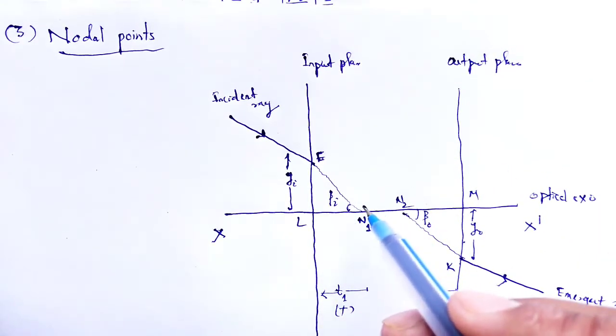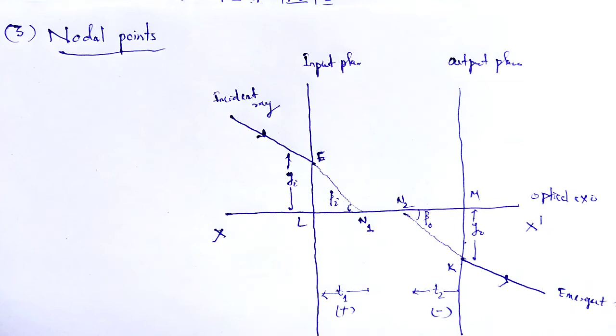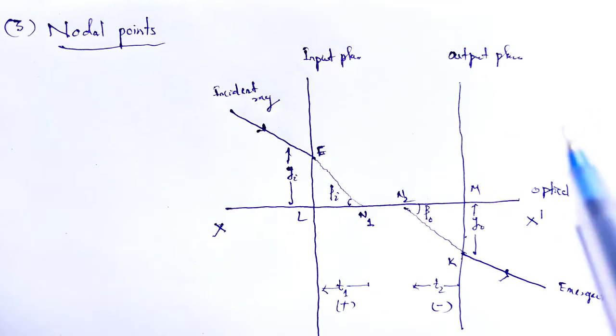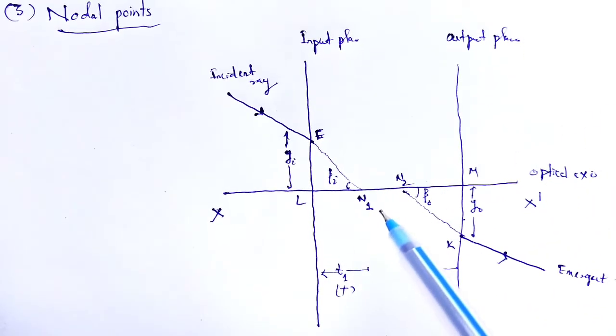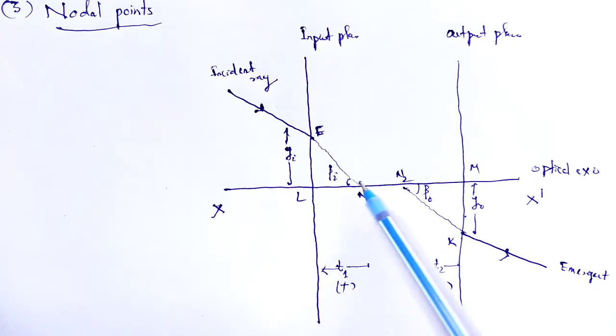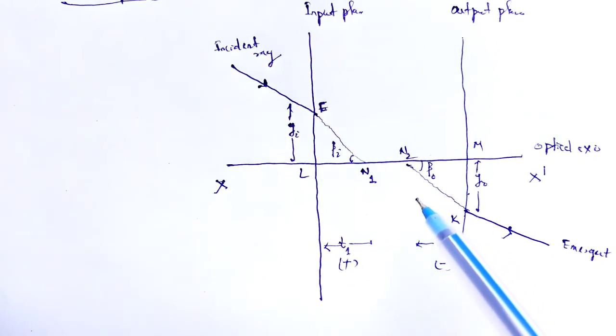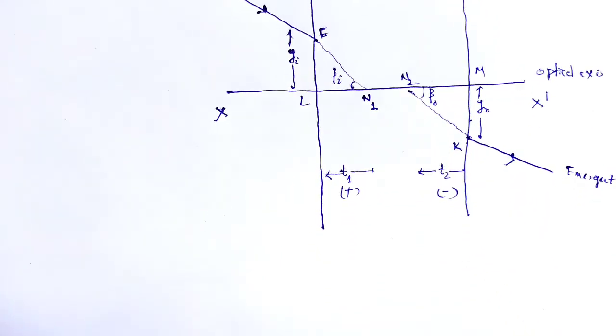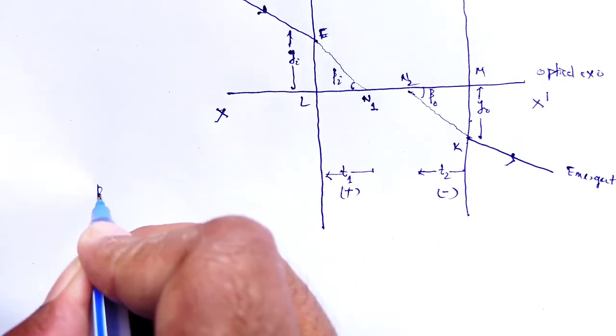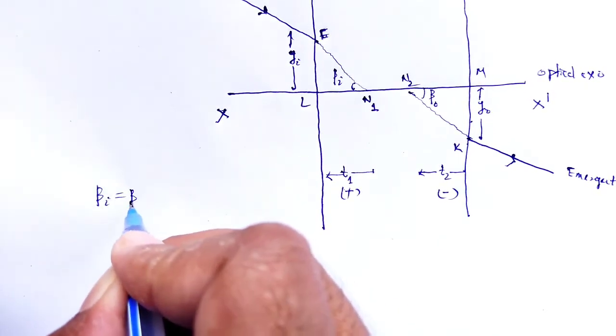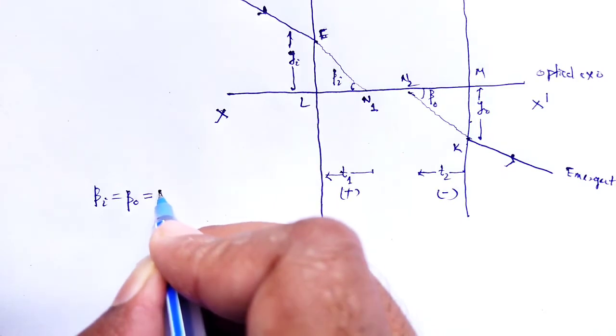That angle is also taken as negative in terms of sign convention. In this case, beta I and beta O are the same. Here beta I is equal to beta O, let it be beta.